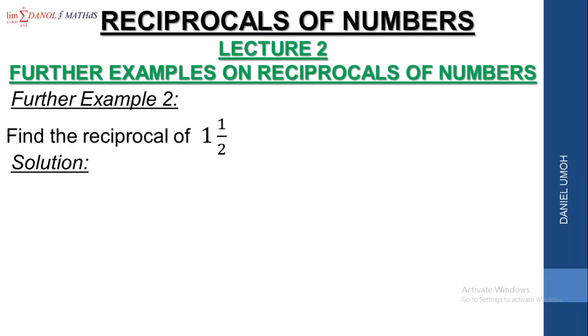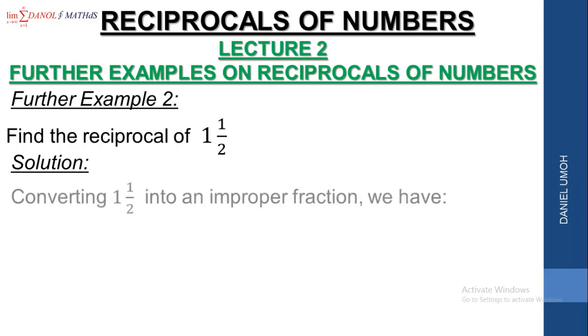But the first thing we are going to do is to convert one whole number 1 over 2 into an improper fraction. So converting this into an improper fraction, remember, we'll say the denominator, that is 2, times 1, which is 2, plus 1, and that gives us 3.